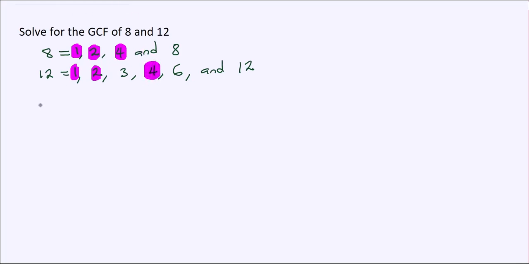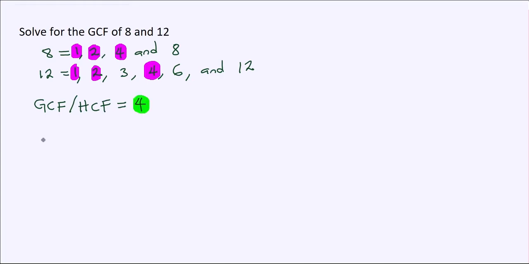So when we say GCF or HCF, we're talking about the highest common factor. Amongst the common factors, what is the highest common factor? 4 is the highest common factor.